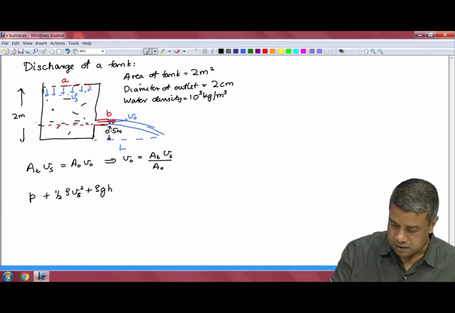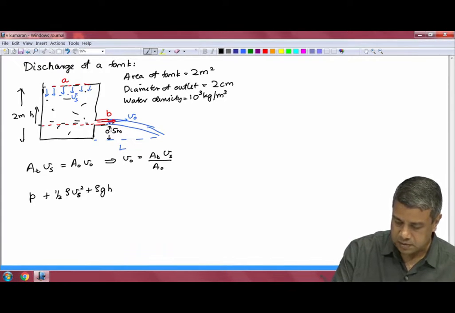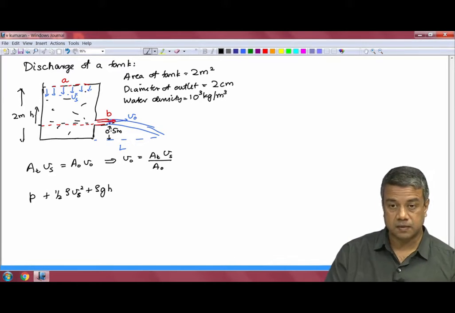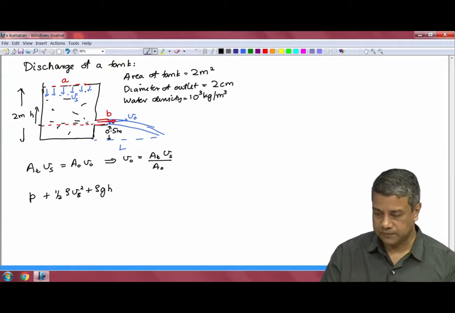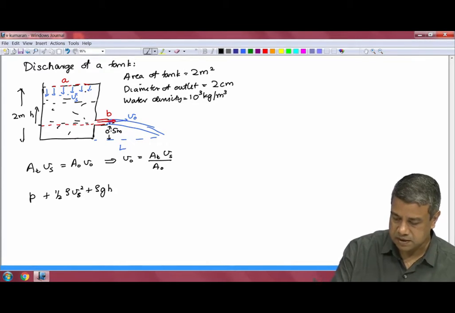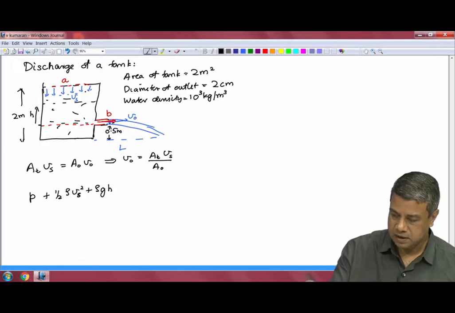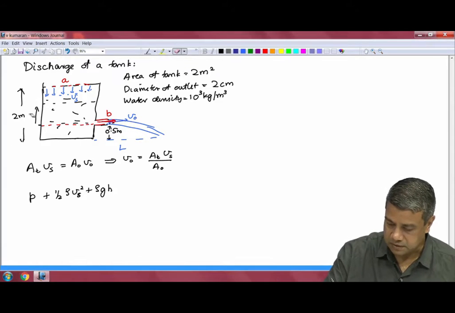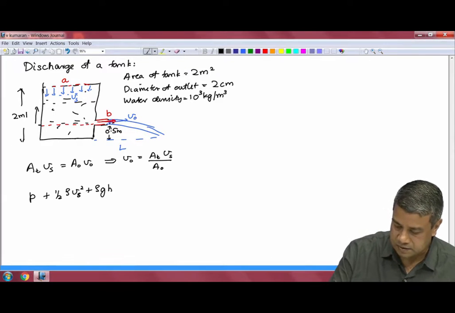I will call h the height above the outlet. This h, the height of the surface above the outlet, is actually a function of time.